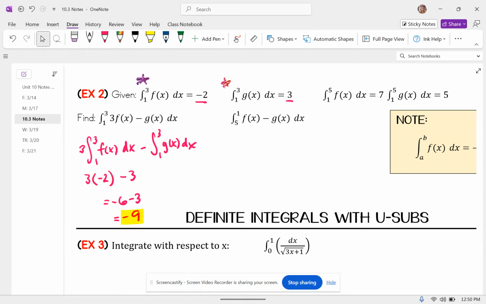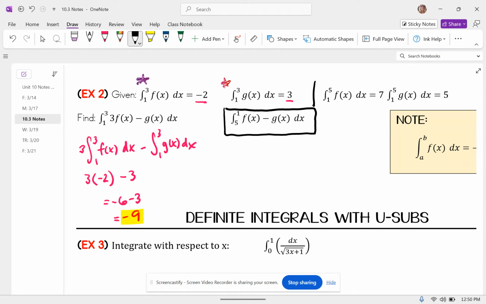Now let's look at the next one, okay? Hold on. I want you to be a code breaker in the next one. Look at the question. We are integrating f of x minus g of x, but from 5 to 1. Now, when we integrate, we scan from left to right. So if I'm switching now, and the higher number is coming first, how do you represent a reversal in math?